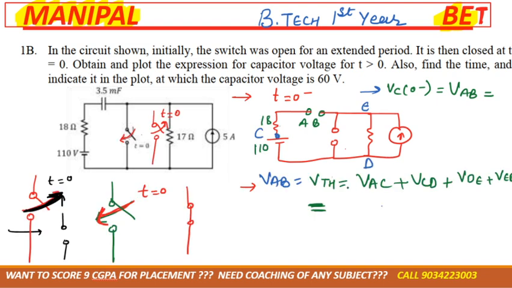Ma'am, in this case VTH is like this. Okay, VAC how much? I into RAC. So I into 18, 10, how much, suppose how much current is, consider I2 17, right? No resistor is there. Now tell me in this particular 18, is there any current flowing across it? Yes or no?